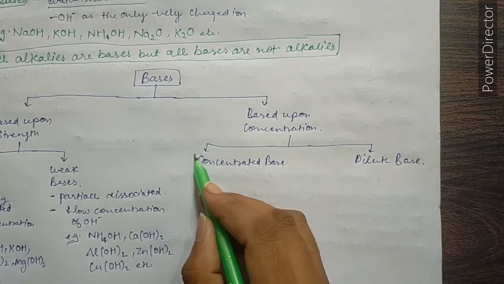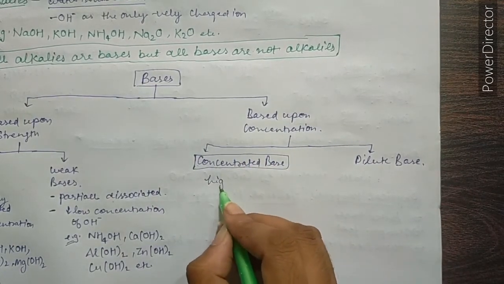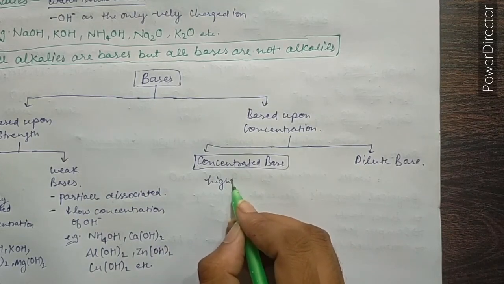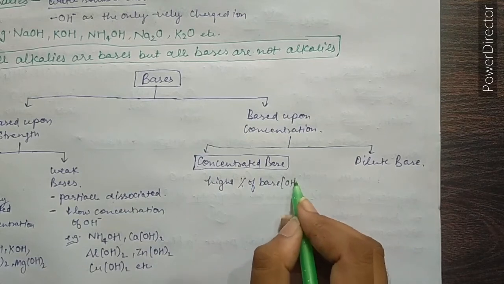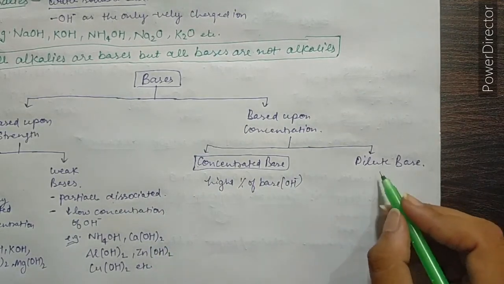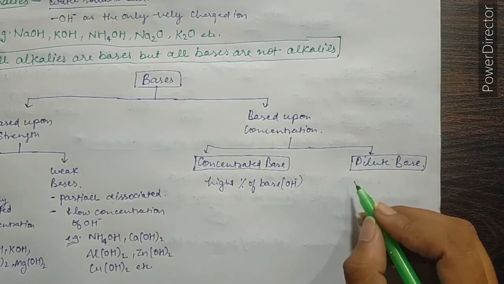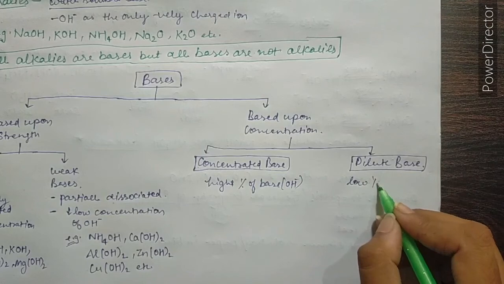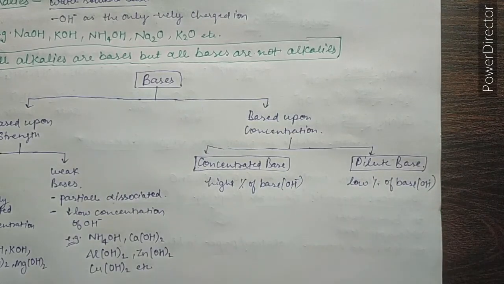A concentrated base has a relatively high percentage of base, that is OH negative, in its aqueous solution, whereas a dilute base has a relatively low percentage of base, OH negative, in its aqueous solution.